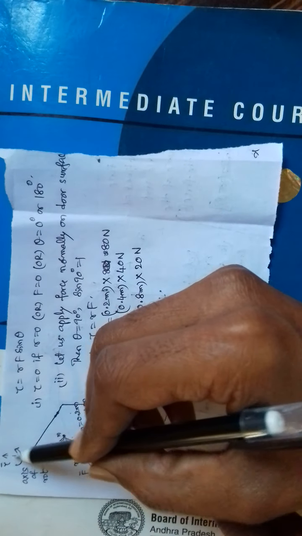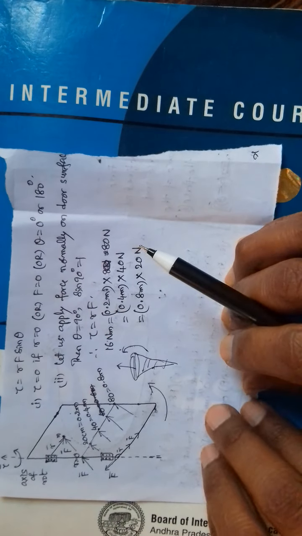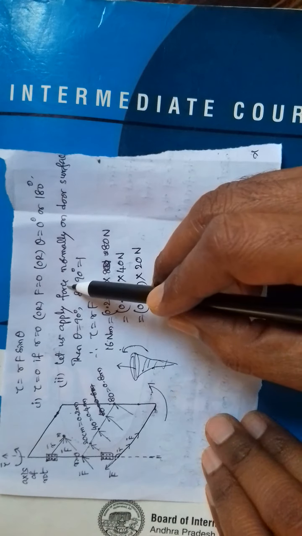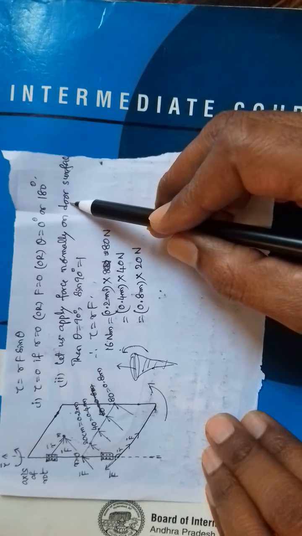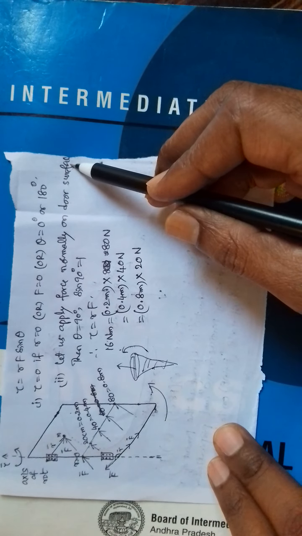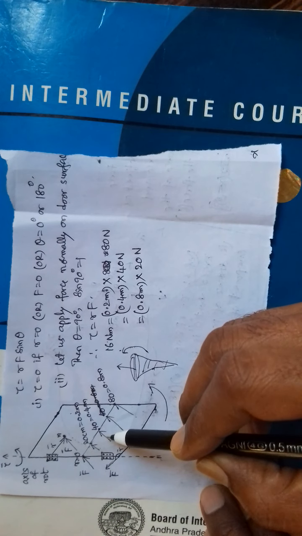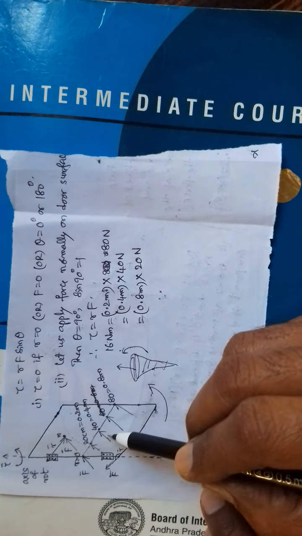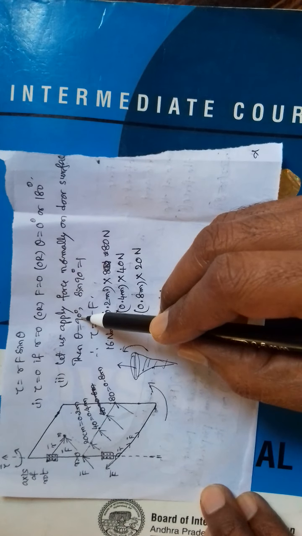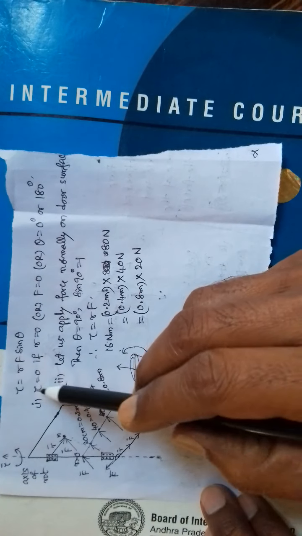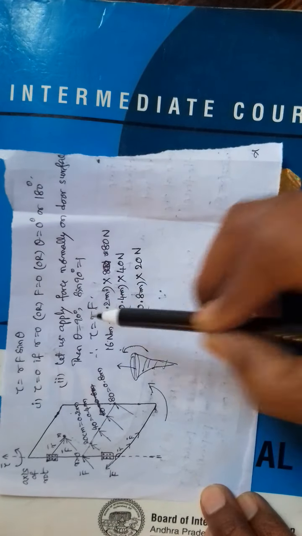That's why your torque is shown upward along the axis of rotation. Now let us apply force normally on the door surface. Suppose you are pushing the door and applying force at 90 degrees to the door surface, then theta becomes 90 degrees and sine 90 is 1. So when this becomes 1, then tau = rF.